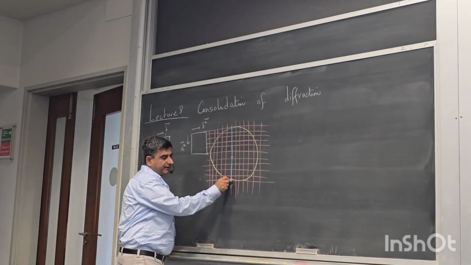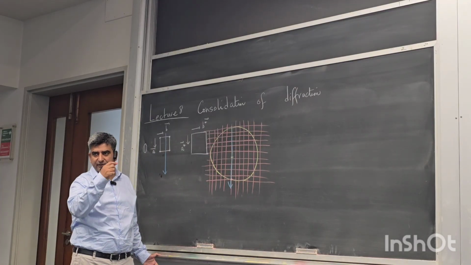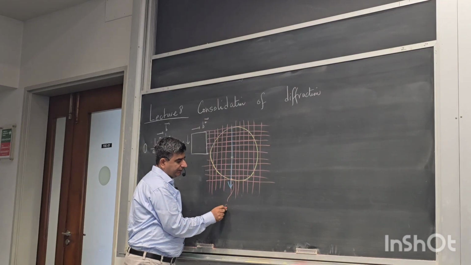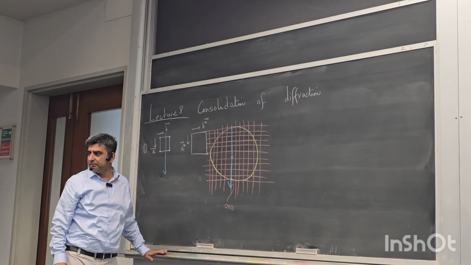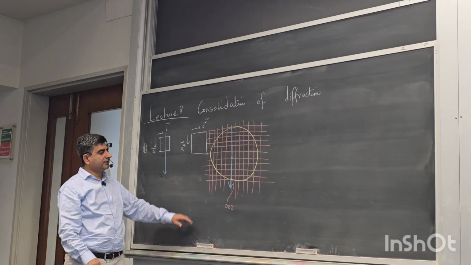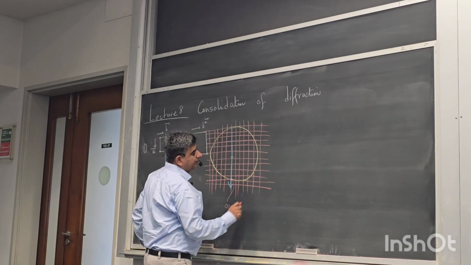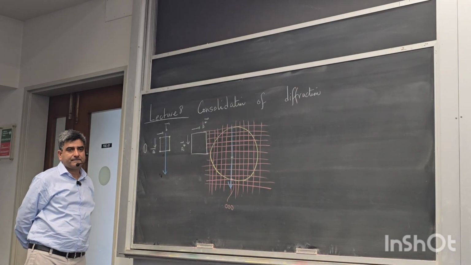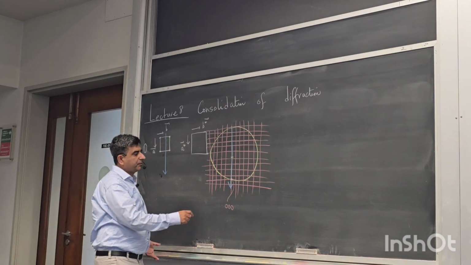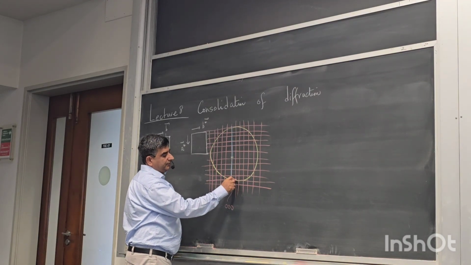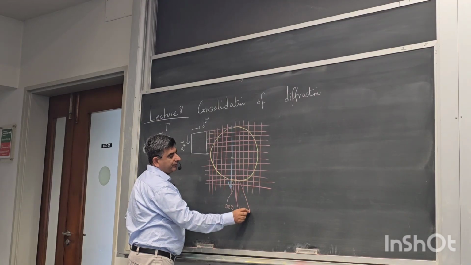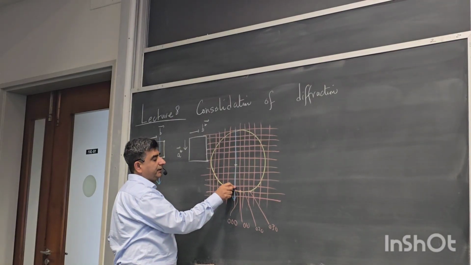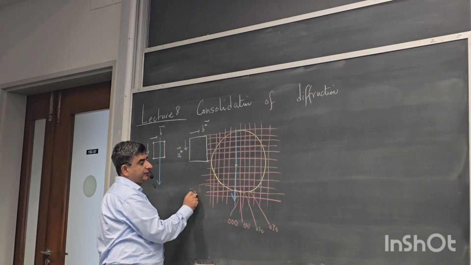So this point where the X-ray is exiting the circle, the reflection circle, this point is labeled 0, 0, 0 in the reciprocal plane. All other points are labeled accordingly. So this would be the point 0, 1, 0, 0, 2, 0, 0, 3, 0. This would be 1 bar, 0, 0, and so on.